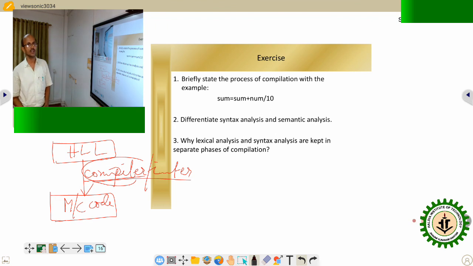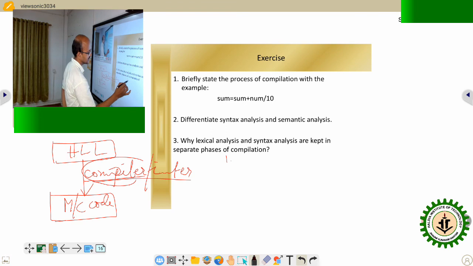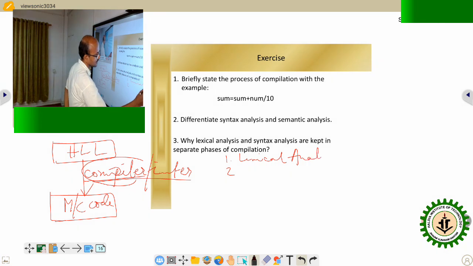Typically there are 6 phases: lexical analysis, syntax analysis, semantic analysis, intermediate code generation, code optimization, and target code generation.